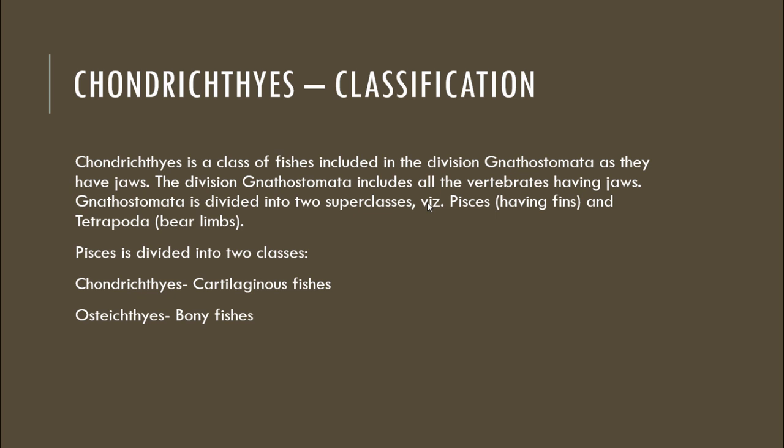The jawed vertebrates we now have Pisces and other guys. The Pisces will have chondrichthyes and what? Osteichthyes. The other vertebrates are the amphibians, reptiles, aves, and mammals. So just note that Pisces has chondrichthyes for cartilaginous fishes and osteichthyes for bony fishes.